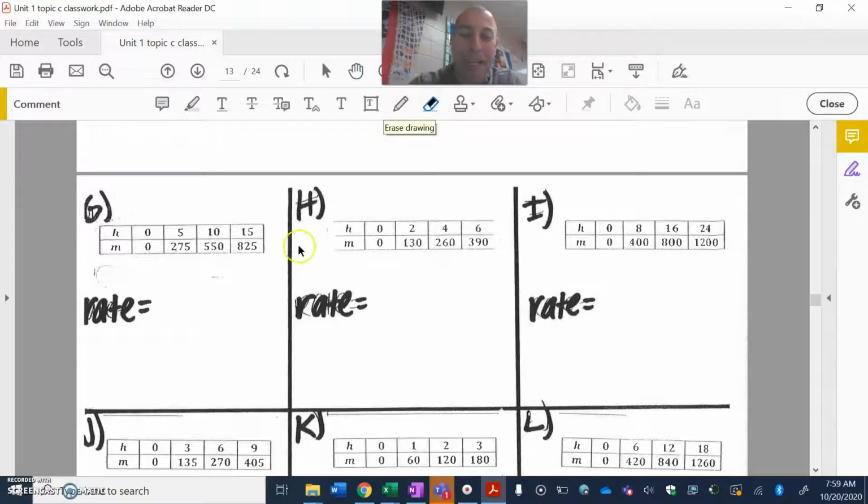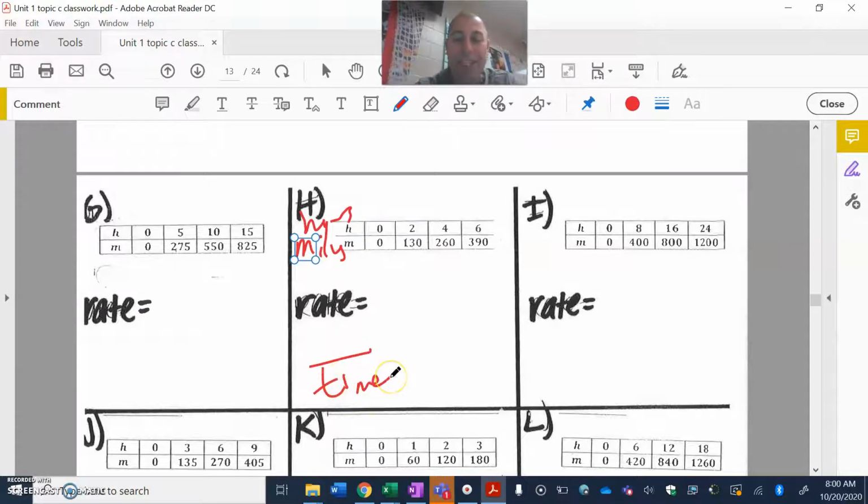Your M in all of these stands for your miles. Your H in all of these stands for your hours. And we know time always goes on the bottom, which means your hours will be on the bottom. Remember, we can't grab zeros. Never grab those. So you just grab the next one.